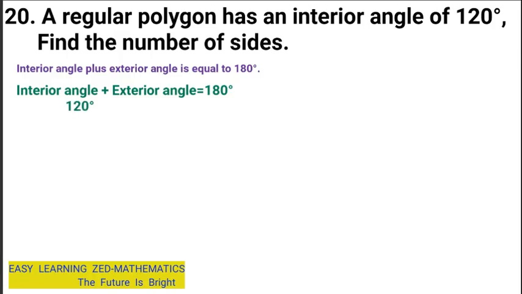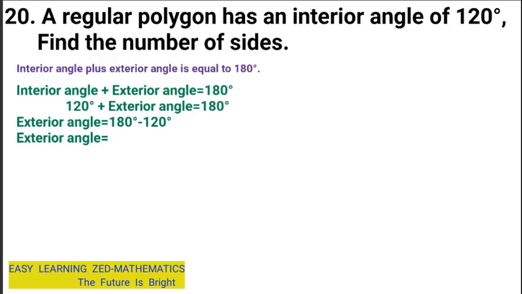Then we put like terms together, which means the exterior angle is equal to 180 degrees minus 120 degrees. We find the difference of 180 degrees and 120 degrees, which gives us 60 degrees.